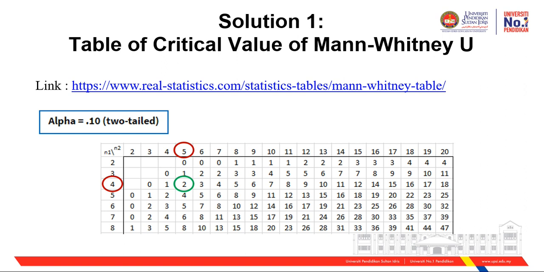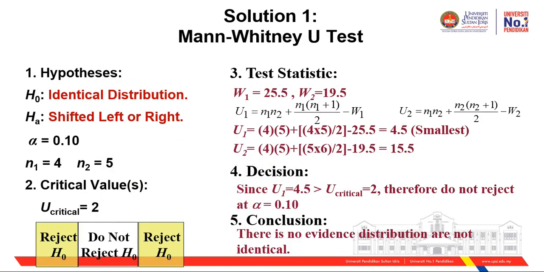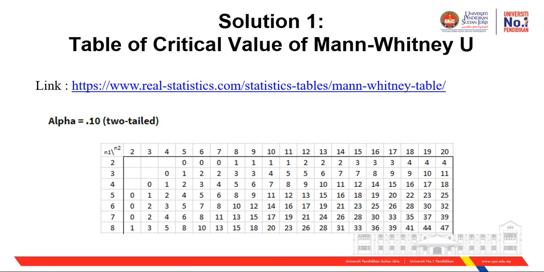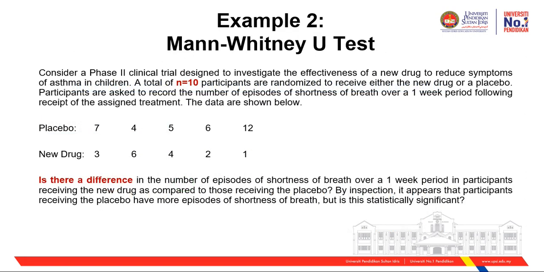So here is the critical U. So U critical, as I showed you just now, is equal to 2. This is the value that you need to compare with the minimum between U1 and U2, 4.5 here. Okay, that is how you read the table. Make sure you have your alpha, you know your N1, you know N2, and then you get the U critical. So that is the solution for example 1.